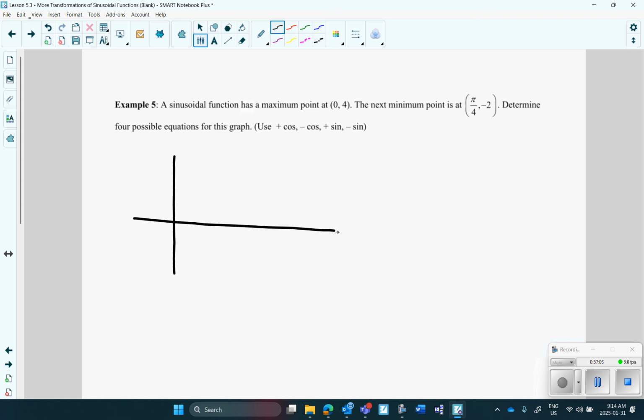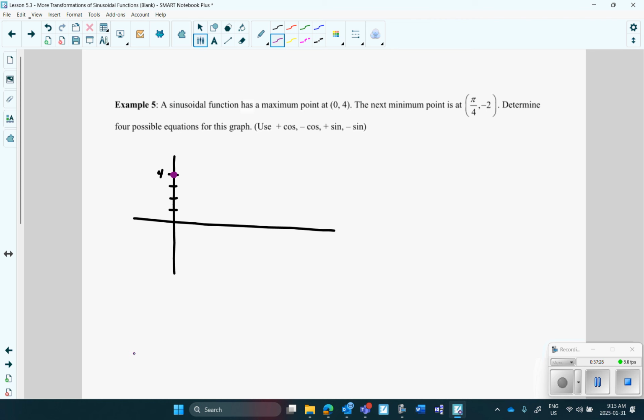So it has a maximum point at (0, 4). So it starts here. The next minimum point is at (pi over 4, negative 2).